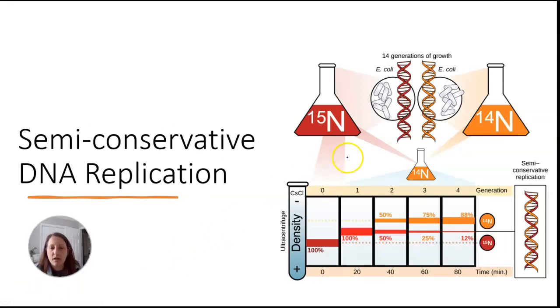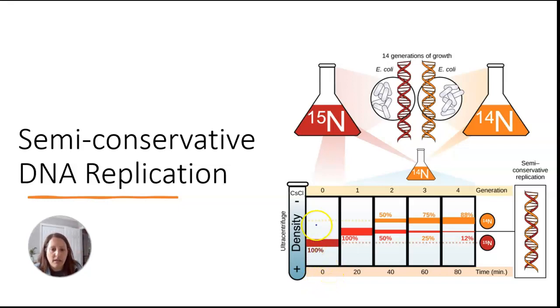So again, they started off by growing E. coli in this flask right here that just contained heavy nitrogen, so N15. And so all of the DNA of this original population or original generation would have all heavy DNA. So if we come down here, this is at generation 0 or time 0 before we do the transfer into the N14.